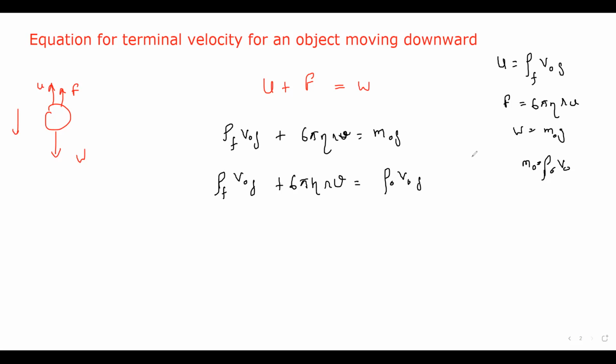When we move the upthrust factor, the density of fluid and volume of object, to the right hand side, we can write that 6 pi eta r v is equal to density of object, volume of object, gravity, minus the density of the fluid, volume of object and gravity.